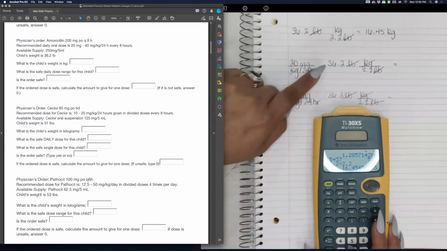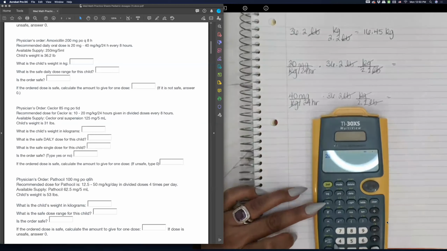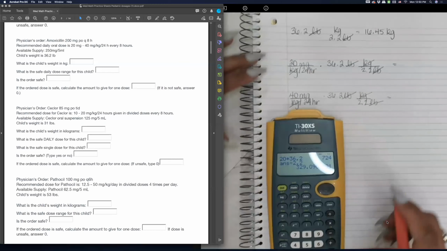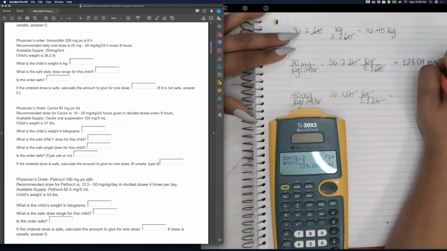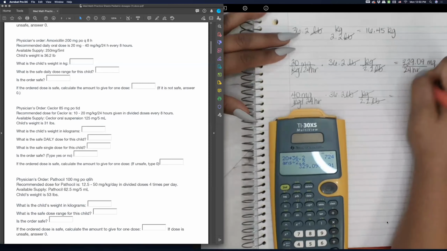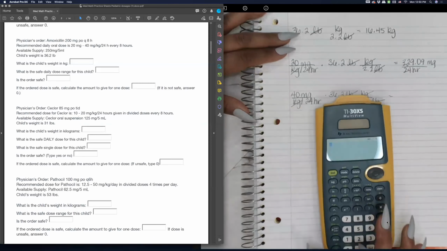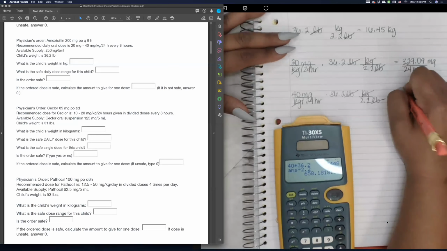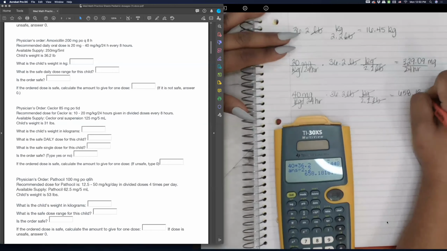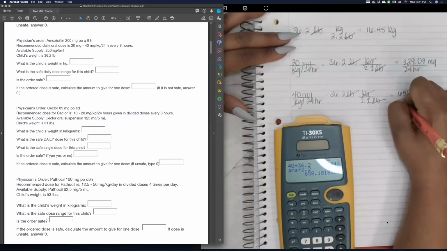Okay, so 20 times 36.2 divided by 2.2 gives us 329.09 milligrams per 24 hours. Next part is 40 times 36.2 divided by 2.2 is 658.18 milligrams per 24 hours.